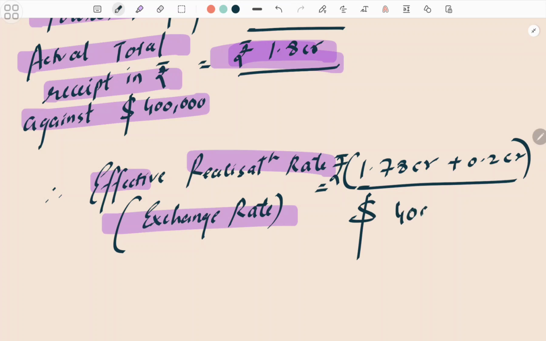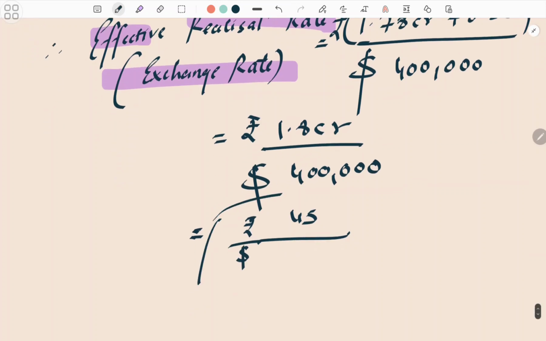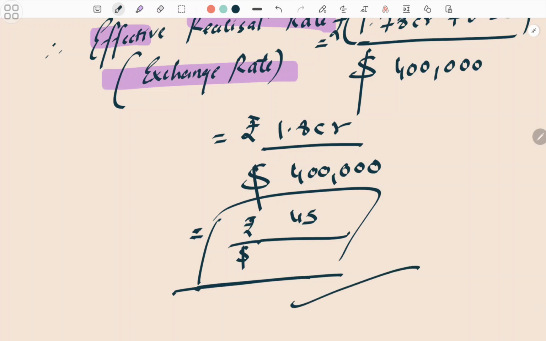Dollar, how much did I get? 400k, which is 4 lakh basically. Okay, so 1.8 crore rupee divided by dollar 400,000, which is how much? If you calculate, this is 45. Okay, rupee by dollar. Got it? So this is my exchange rate, the effective exchange rate.